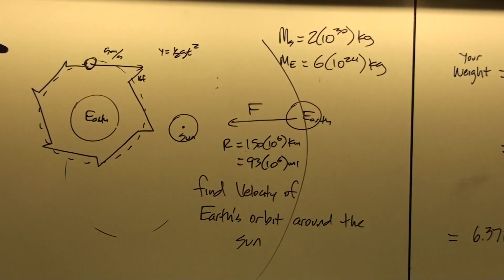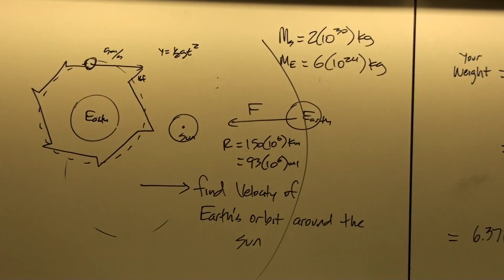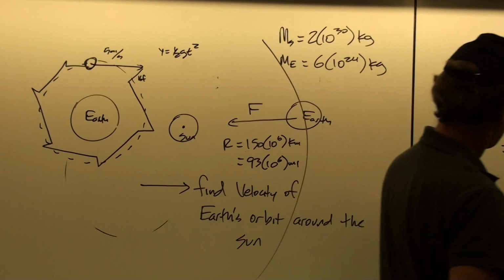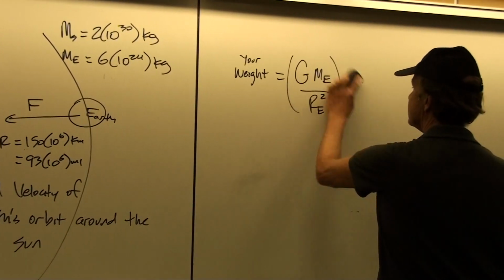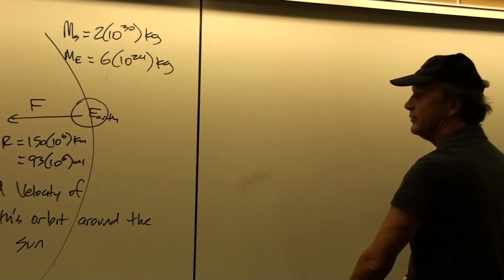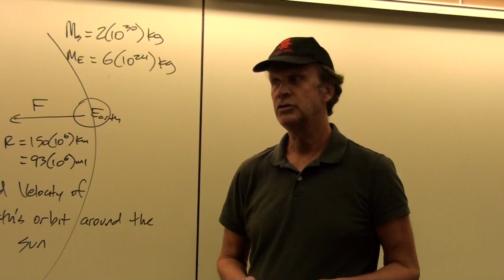Okay, and what we're trying to do then is find how fast the Earth is moving in its orbit around the Sun. Now here we are assuming that the Earth is moving in a circular path. That's not exactly true. The Earth has a variation, what's called an ellipticity, of about plus or minus 2%.